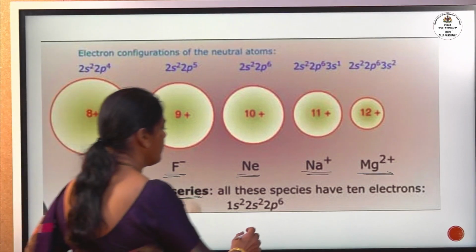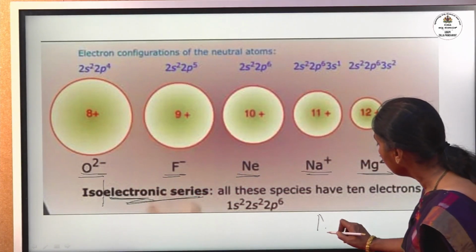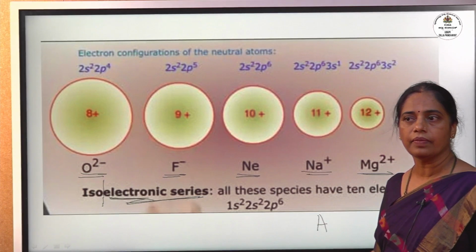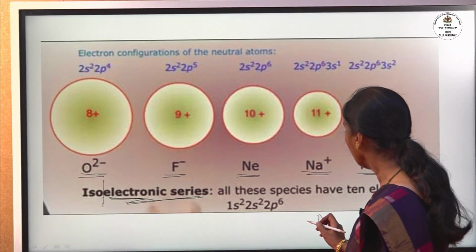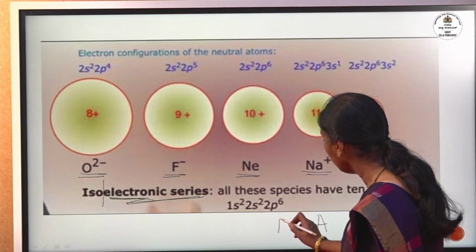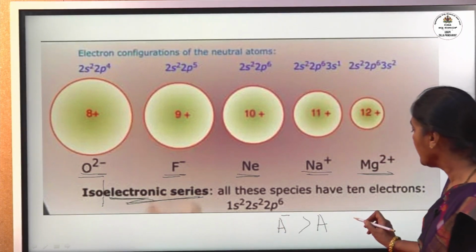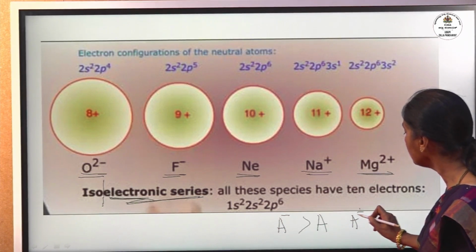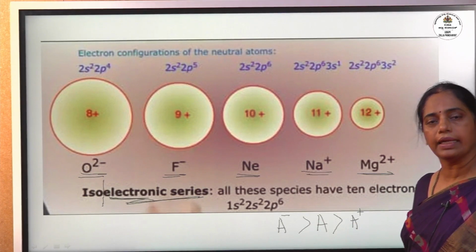isoelectronic. Now, if we consider a neutral atom, its negative ion and its positive ion, then the negative ion is larger than the neutral atom and the positive ion is smaller than the neutral atom.